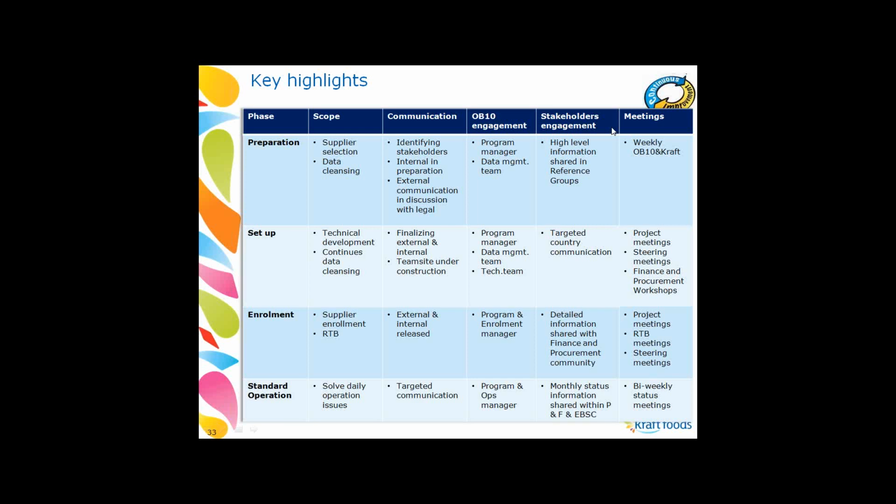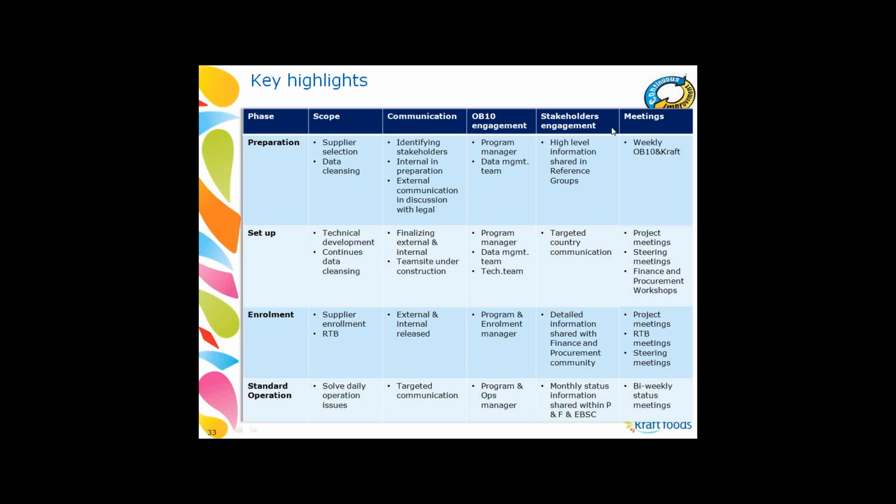So in this particular one, we started to discuss with OB10 what we can do together to improve the standard operation, and also to manage the level of questions that our suppliers were asking. So we focus on each category in scope, not just RTB, which is a part of the enrollment phase, where procurement is playing an important role, but we also focus on ready to transact and in implementation category, where we targeted top 20 vendors, and we are cooperating with OB10 and discussing directly with suppliers, helping them to get onboarded as soon as possible.